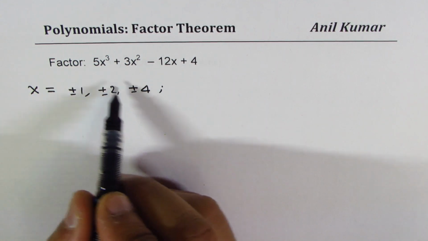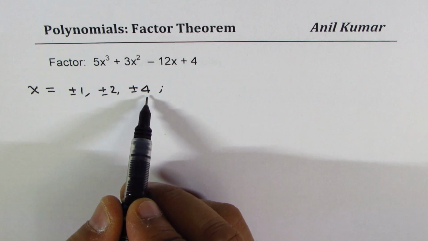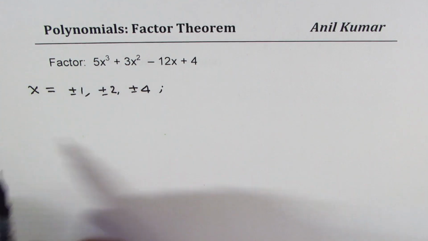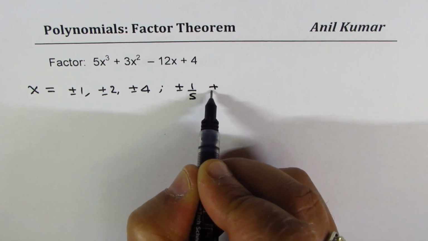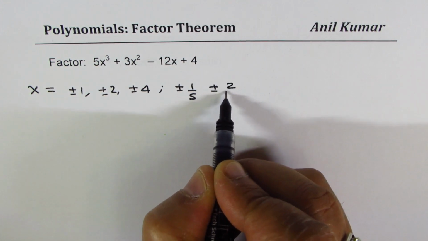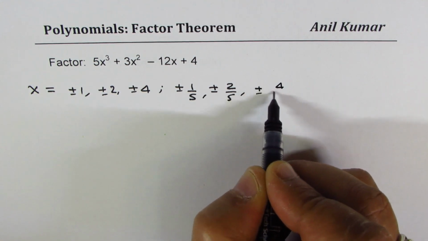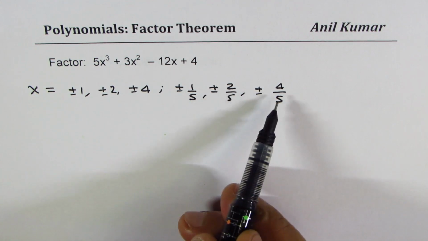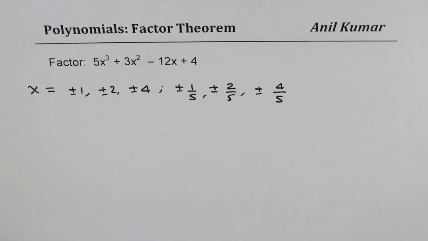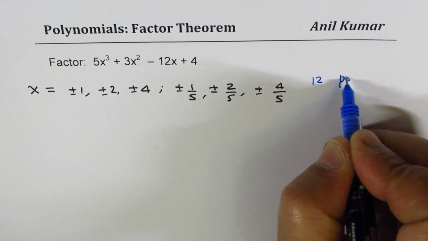Factors of 5 are 1 and 5 itself, so we'll try plus minus 1 over 5, plus minus 2 over 5, and also plus minus 4 over 5. So we have 6 times 2, 12 possible values to try, right?